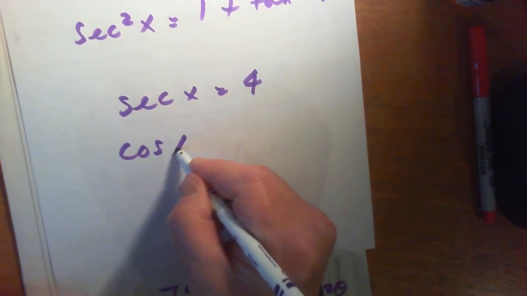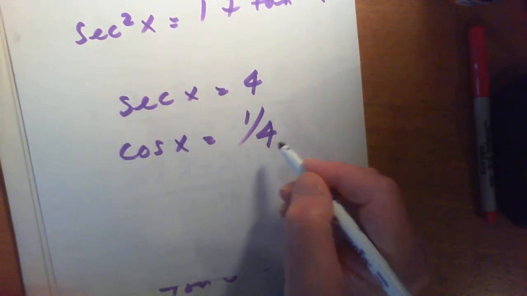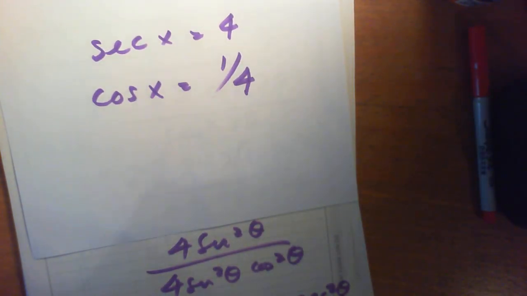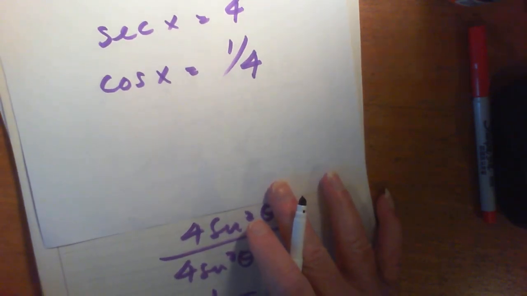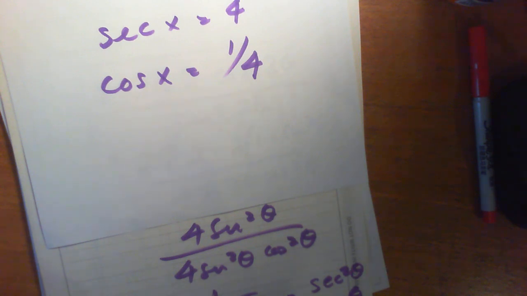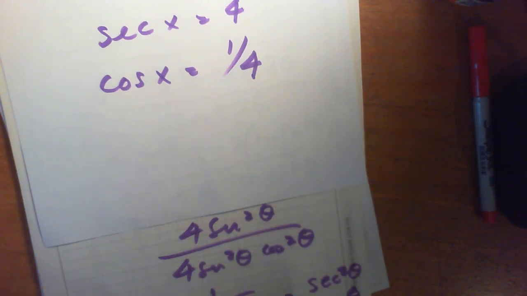Therefore, cosine x equals 1 over 4. And that's particularly useful. If you ever get a choice in trigonometrical equations, whether to put it in terms of sine or cosine or whatever, then you should always try and put it in terms of cosines, because the answer is always nice and easy.